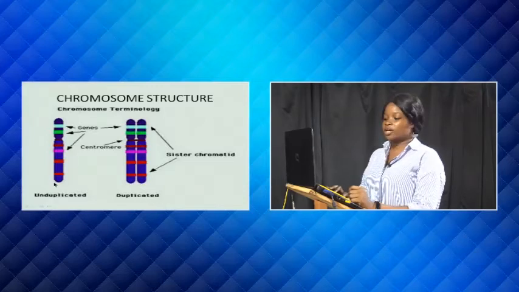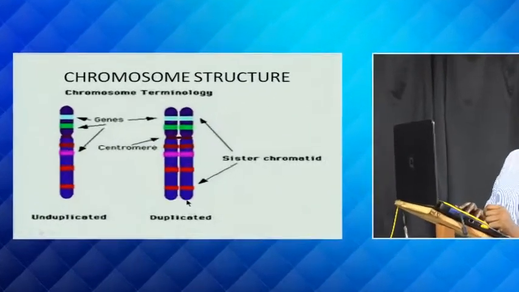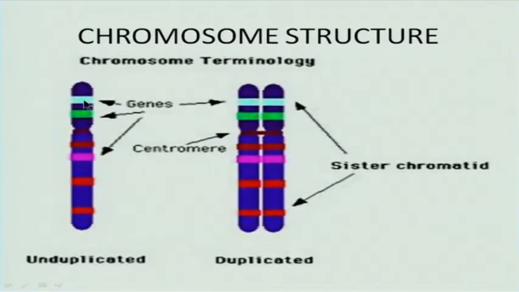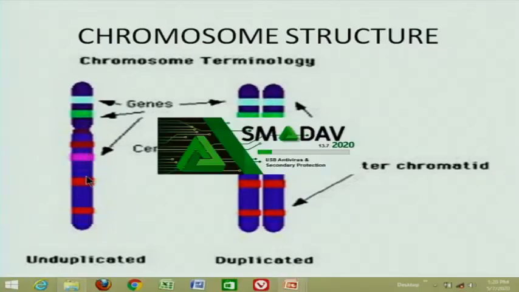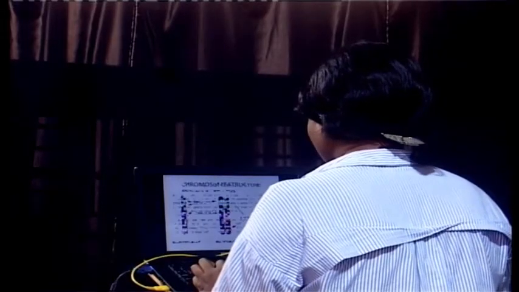When it is unduplicated, you have it as single, and when it is duplicated, you see that it is double. All those lines that you are seeing are the positions of genes on the chromosome. As we know, the chromosome is very important because it carries the genetic material. That's what houses the genes.